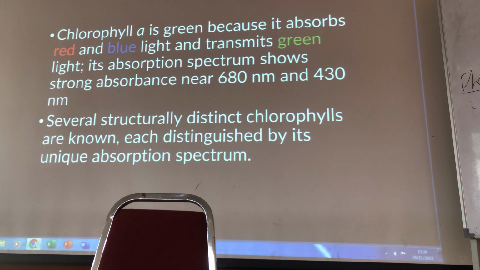You need to distinguish that chloroplast is an organelle, and organelles are only present in eukaryotes. Chlorophyll is the photosynthetic pigment. In bacteria, you know that bacteria or prokaryotes don't have organelles. Later I'm going to show you the picture.